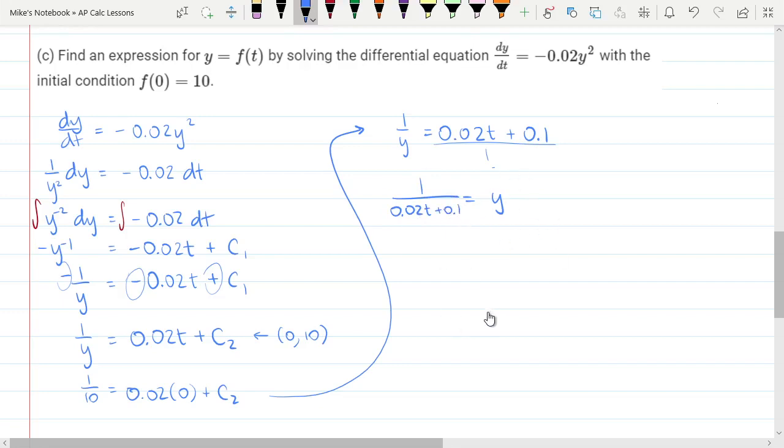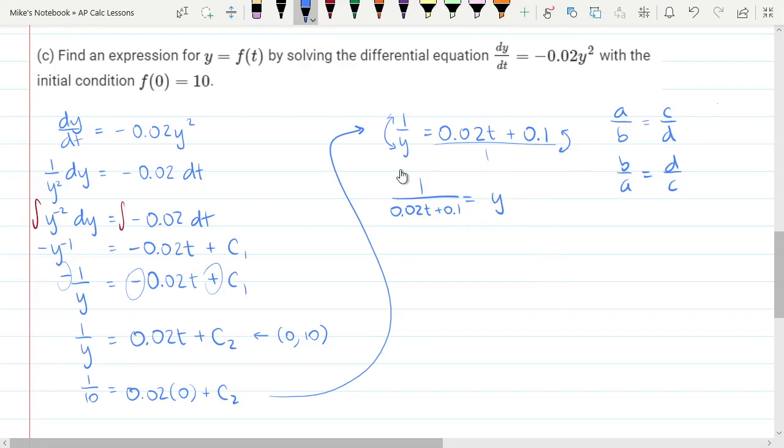Another way to think about it is, if you have a over b equals c over d, then taking the reciprocal of both sides is still going to be true. So I could have done the same thing here. I could just take the reciprocal of both sides, and I would end up with the same result. Just something to think about. It might save you a little bit of time.